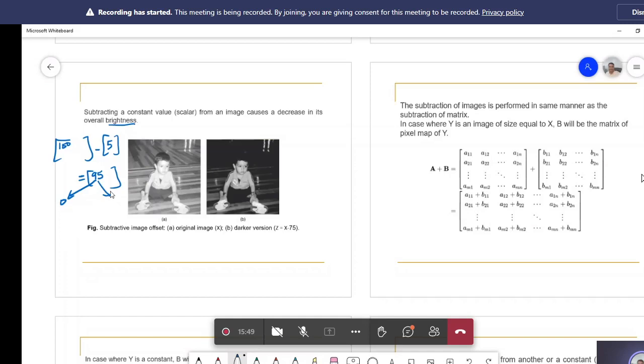It means that all the pixel values in this matrix have been reduced by 75. It may be that at this corner the value is already 75, and 75 minus 75 is 0. That's why it is black. Is that clear? Okay, now the subtraction of images is performed in the same manner as the subtraction of matrices. In the case where y is an image of size equal to x, and b will be the matrix of the pixel map of y. This is similar to what I covered in the previous sections.